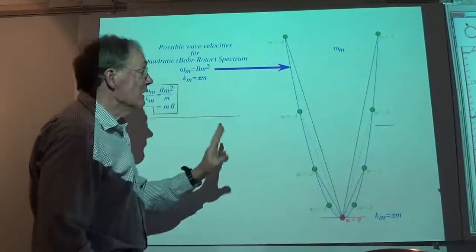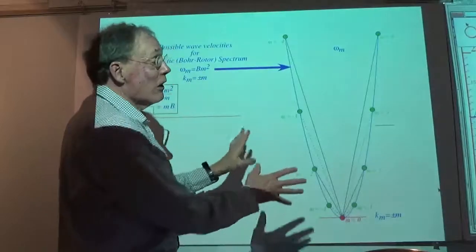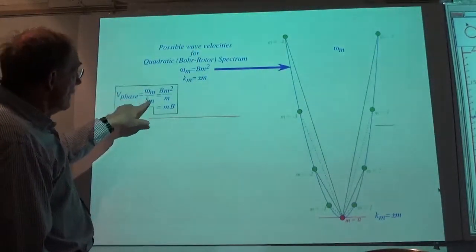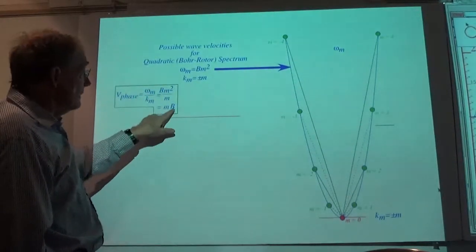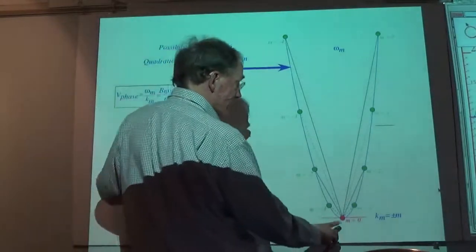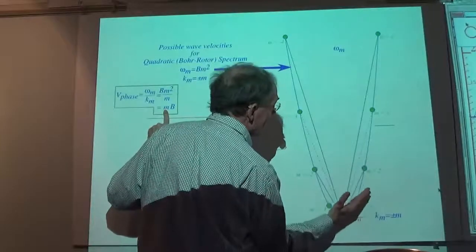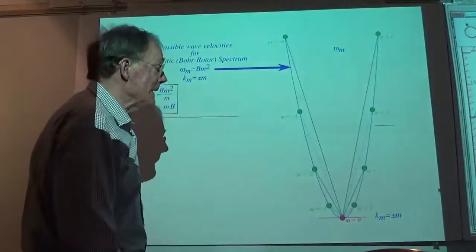So that's a map in the frequency wave vector space of all the quantum states. And the slope, omega m over km, that's m b squared over m, that's m b. It also is linear in m. So you get more and more phase velocity as you go up.